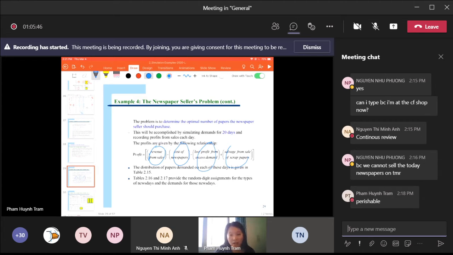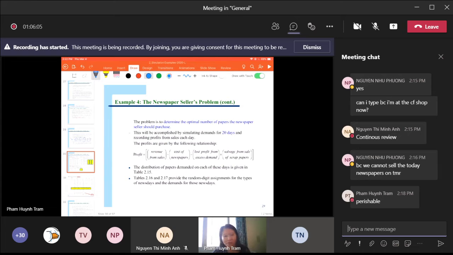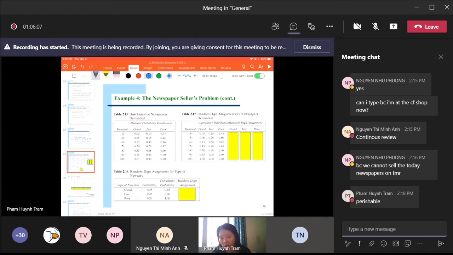Let's say we have the numbers for all of these things. So we play with the simulation and calculate the profit, and see if our decision is wise or not. All right, so this is the data we have related to the demand.